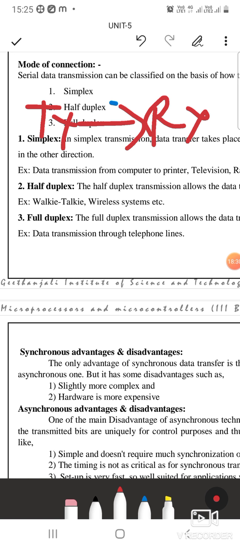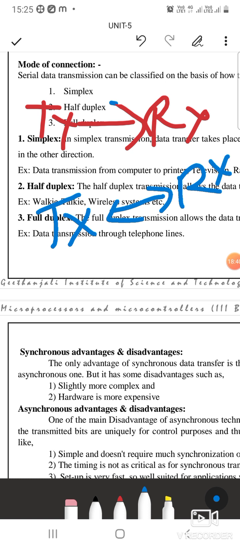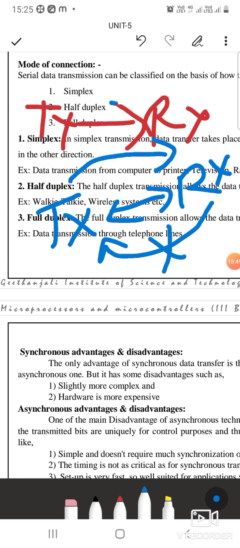Similarly, half duplex means you can do the communication in both ways, but only one at a time. You have only one channel to perform the communication. So when the transmitter is communicating with the receiver, the receiver cannot communicate at the same time, but it can do so after the transmitter is done.